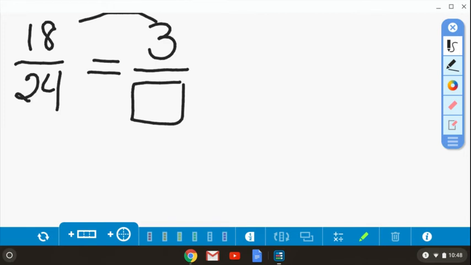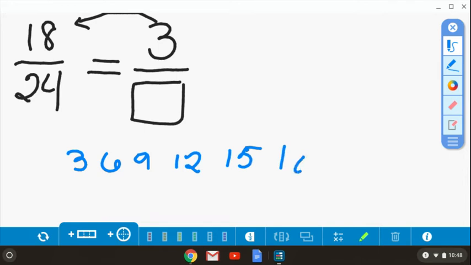I like to go that way because I can think about that in terms of multiplication. So again, I'm going to go down here and start writing my 3's: 3, 6, 9, 12, 15, and 18. Oh, wait, there it is. There's 18.